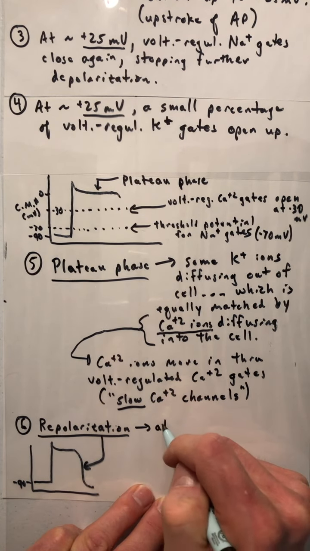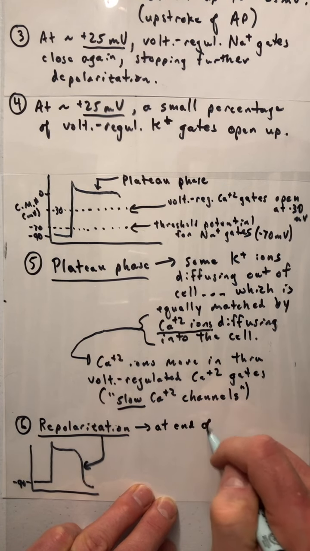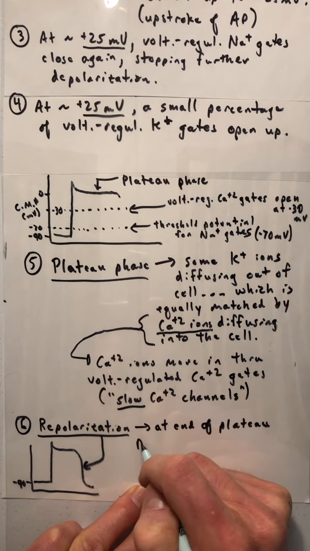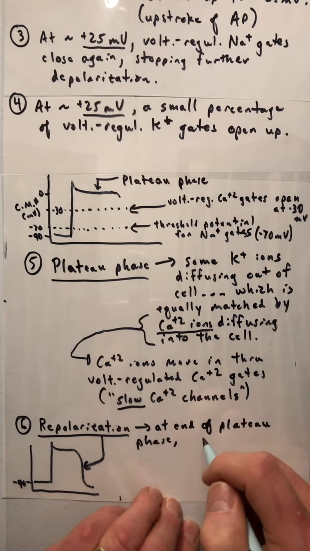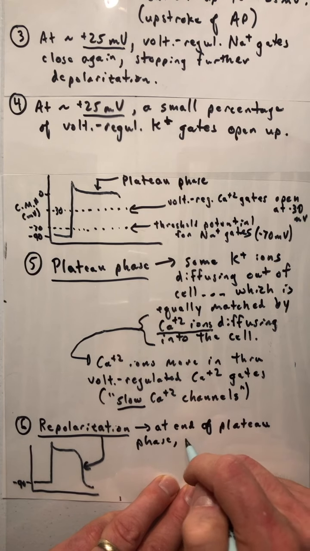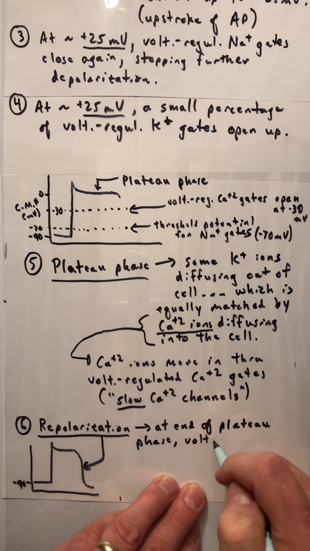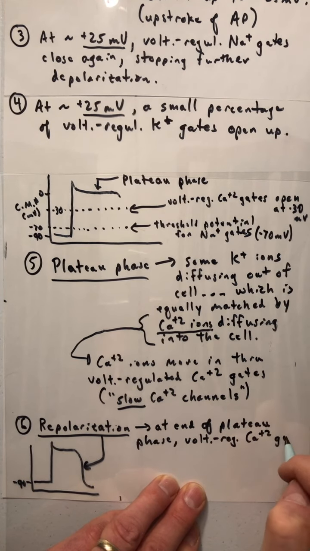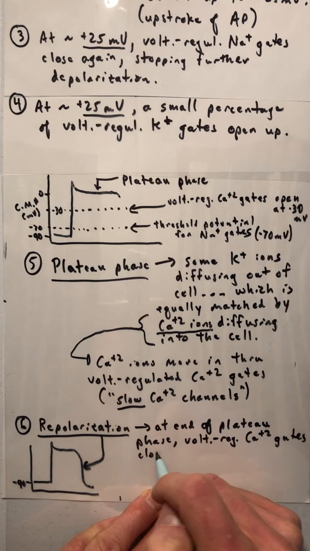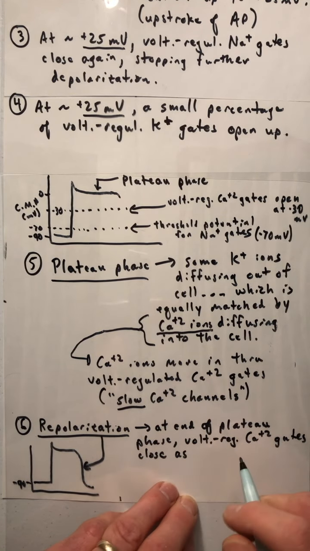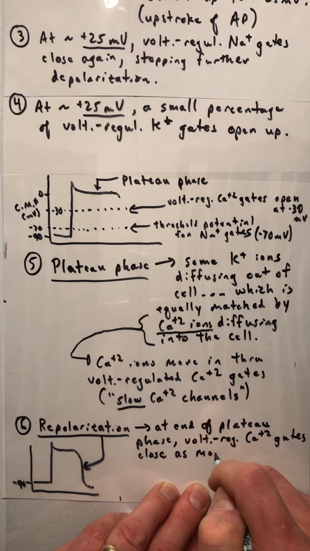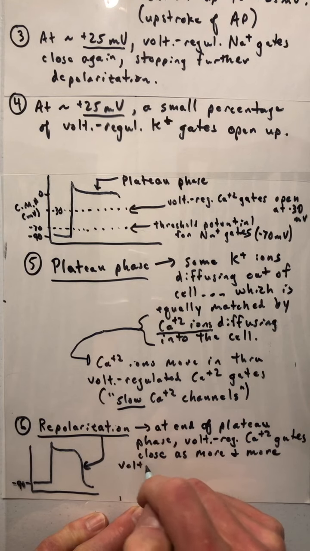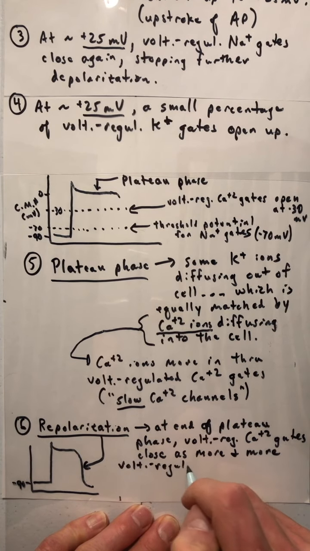So I'll just write this down. At the end of plateau phase, the slow calcium gates, the voltage-regulated calcium gates, start to close. They start to close as more and more voltage-regulated potassium gates open.